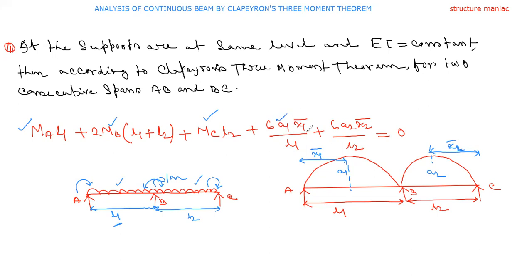Here A1 is the area of the free bending moment diagram of span AB and A2 is the area of the free bending moment diagram on span BC.